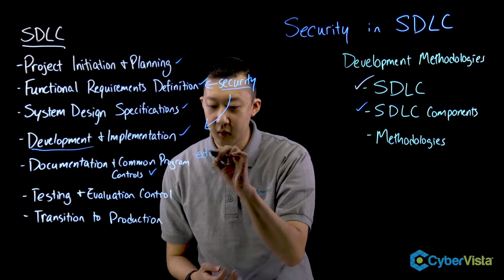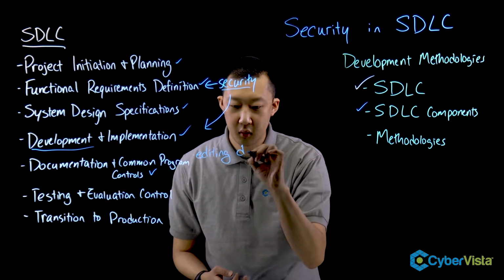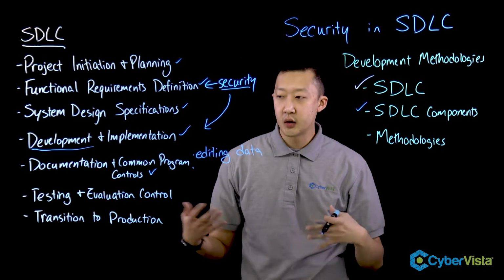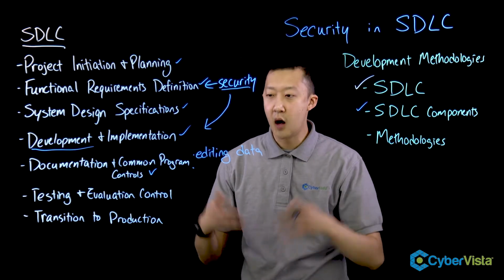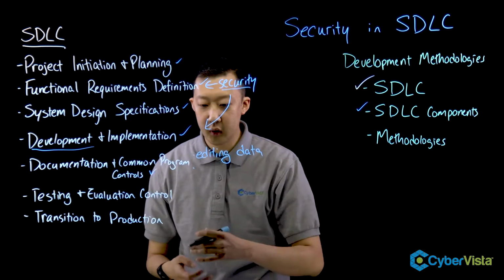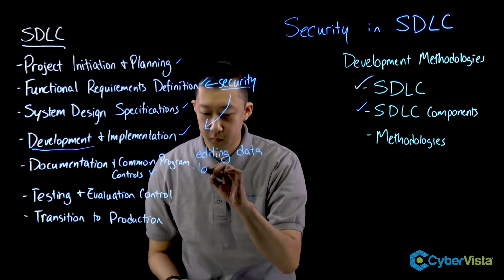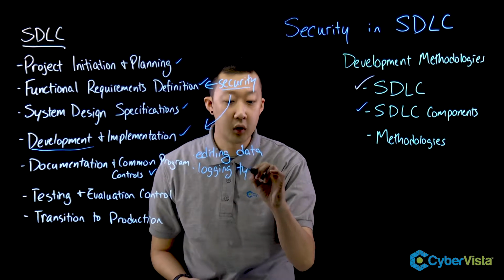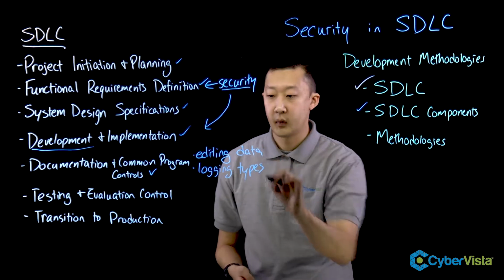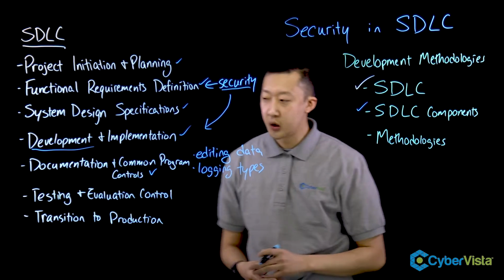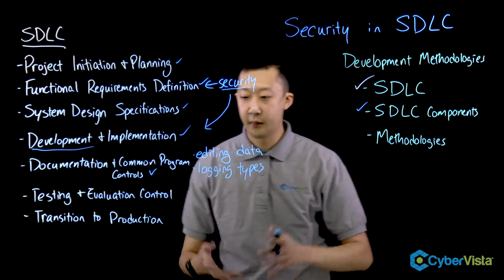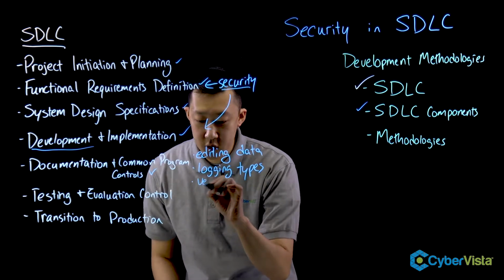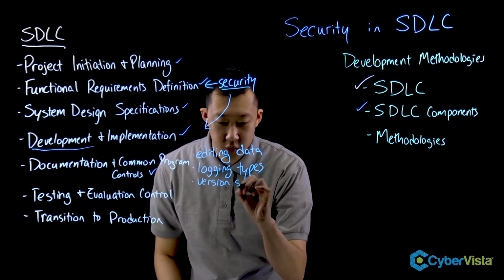So editing data, and then we also want to have controls, or we want to outline how we want to conduct logging. And I'll put logging types here. And lastly, we want to make sure that we have proper procedure in place for version storage.